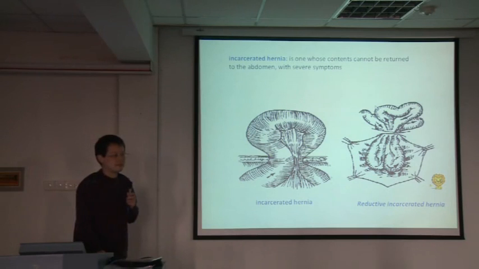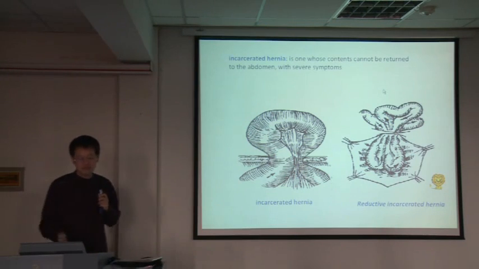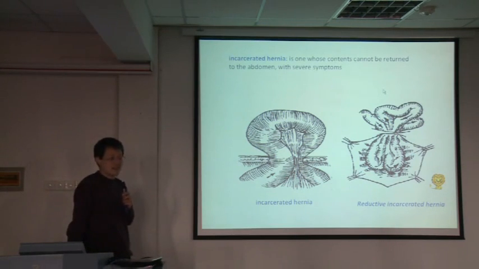The content cannot move, which means the patient will complain within 24 hours. In 24 hours, the arteries must have been constricted. So that's why the necrosis. Theoretically, 24 hours is the threshold.